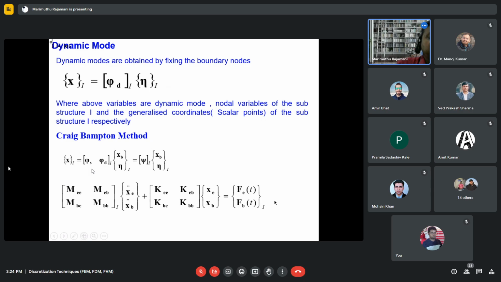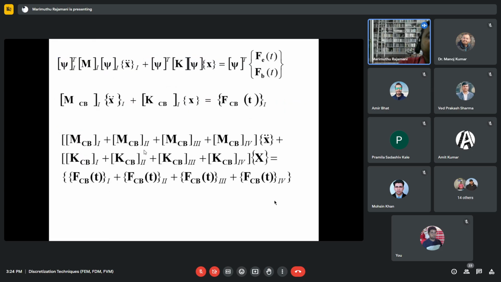Here the static mode and the scalar points, that is called scalar point. This is the Craig-Bampton matrix. I think I will tell in a nutshell what way it is going to help. That is more important.